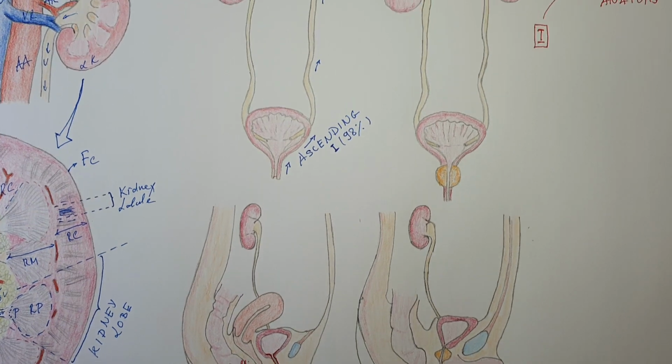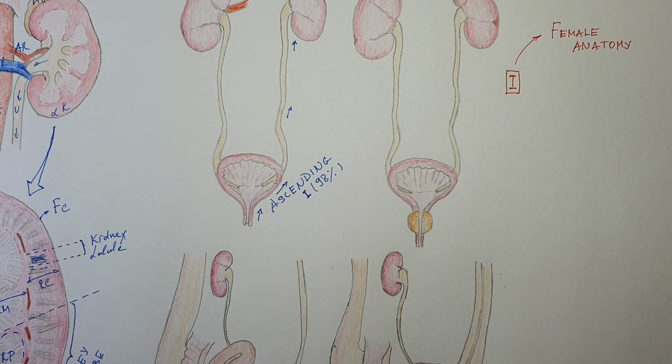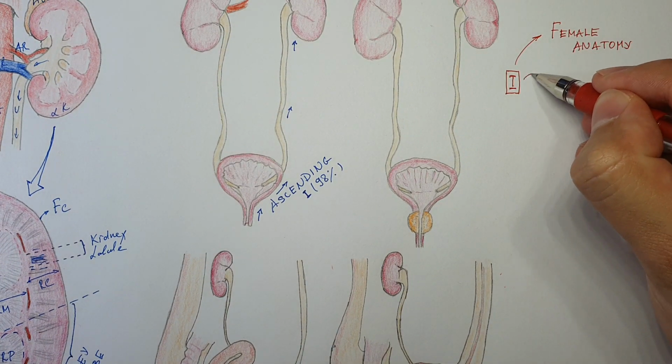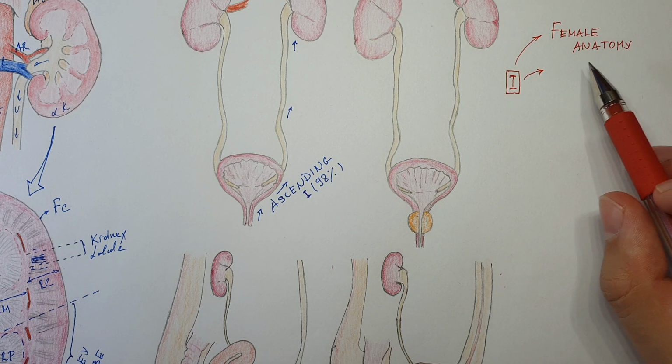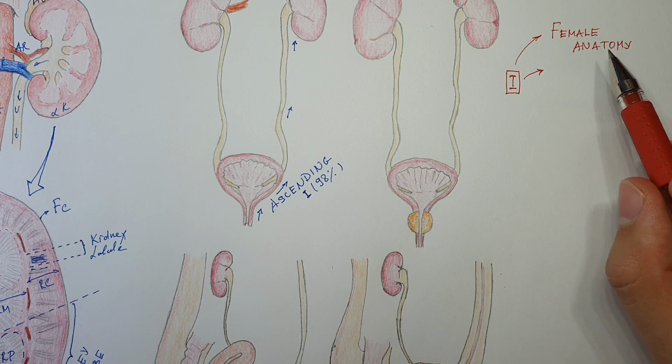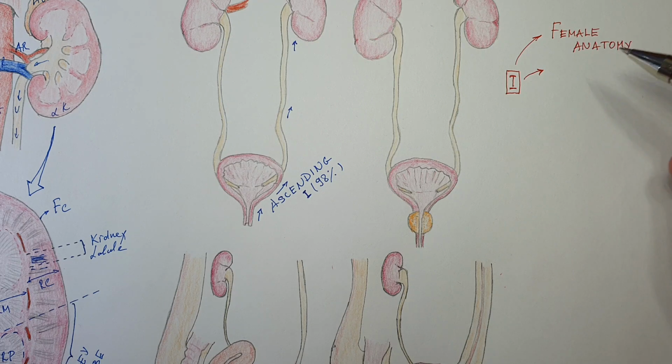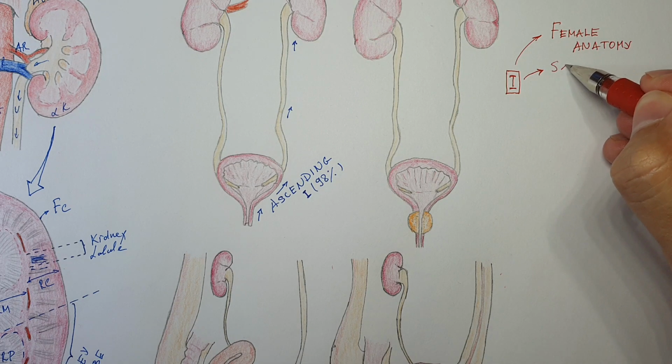So the second risk factor in females, because of this anatomy, is sexual intercourse. This is also a risk factor in males, but it affects females more.